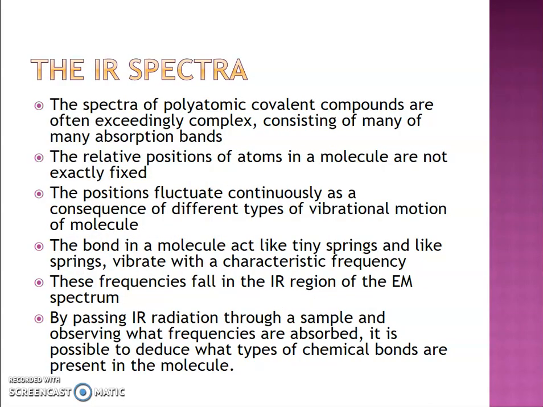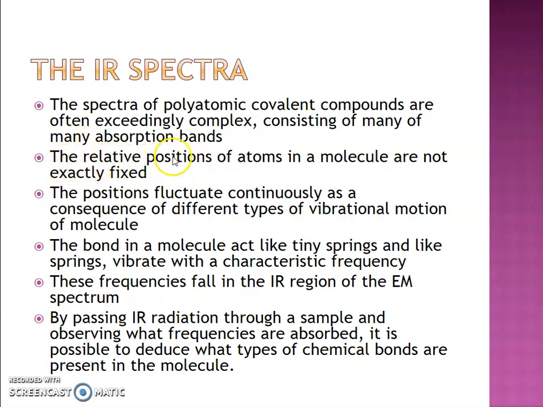The IR spectra for polyatomic covalent compounds are normally quite complex. Even though we learn the theory like this, in reality it might not follow the theory 100%. There are many factors that affect absorption.